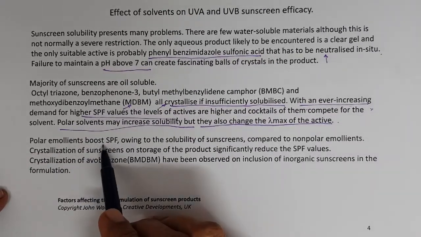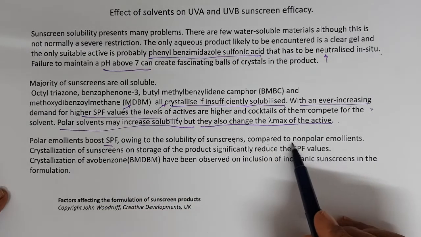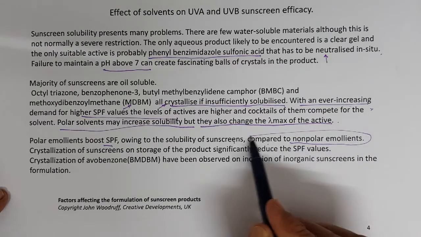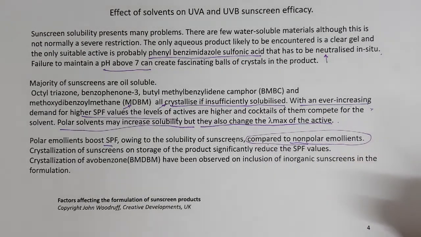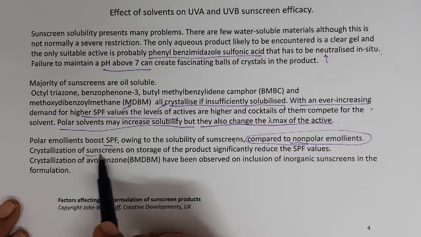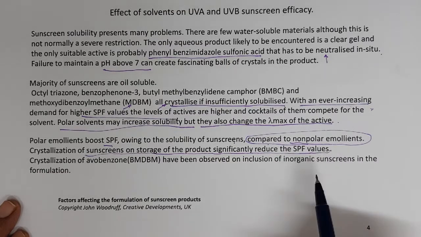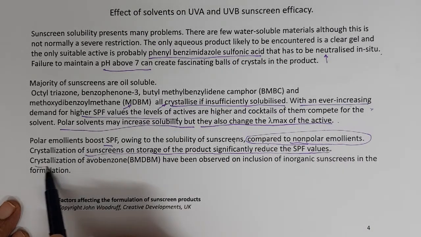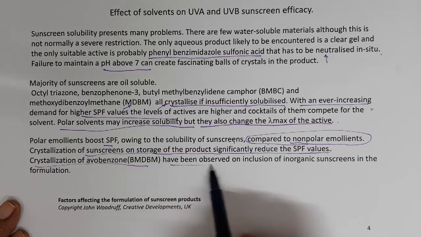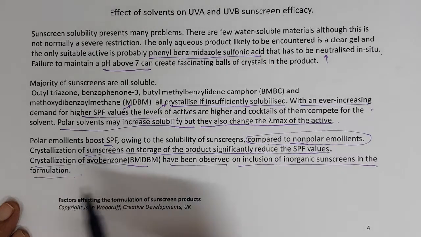Polar emollients boost SPF owing to the solubility of sunscreens compared to non-polar solvents. That is very clear. Liquid paraffin is a non-polar solvent. It doesn't boost SPF. Only polar solvents boost SPF. Crystallization of sunscreens on storage of the product significantly reduces the SPF values. Crystallization of avobenzone has been observed on inclusion of inorganic sunscreens in the formulation.